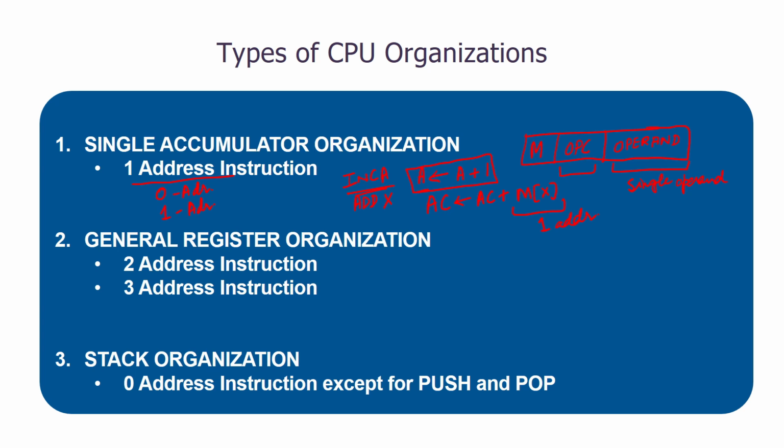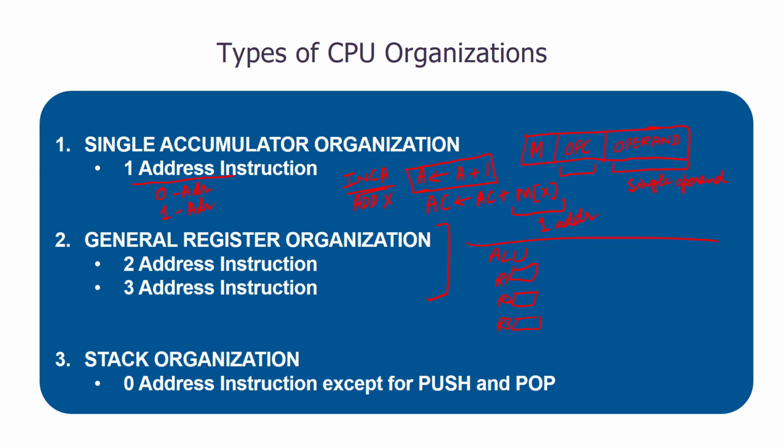Similarly, in general register organization, what do we have? We have an ALU, we have multiple registers. Suppose this is R1, R2 and R3.